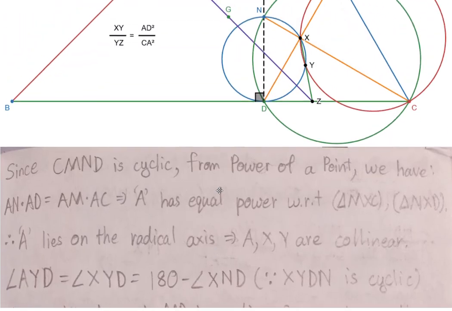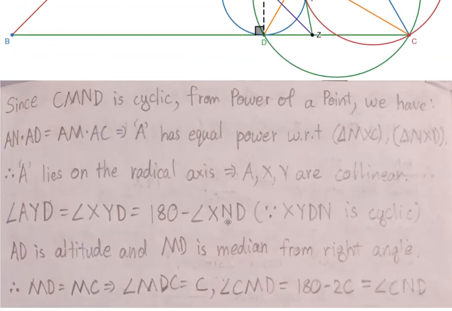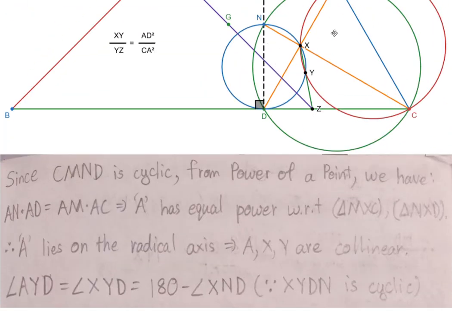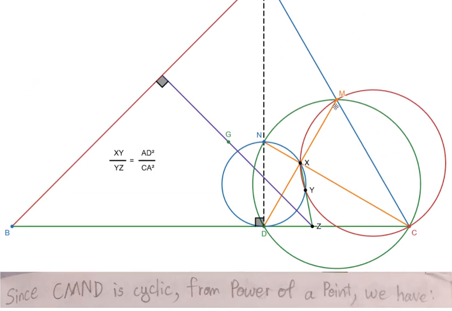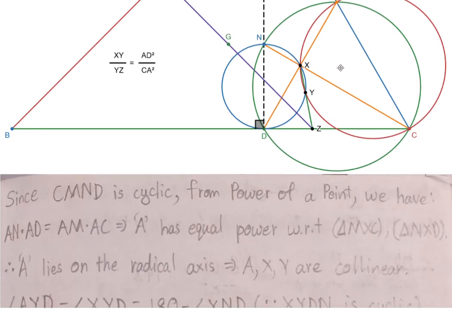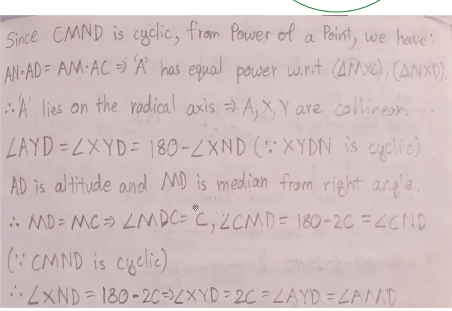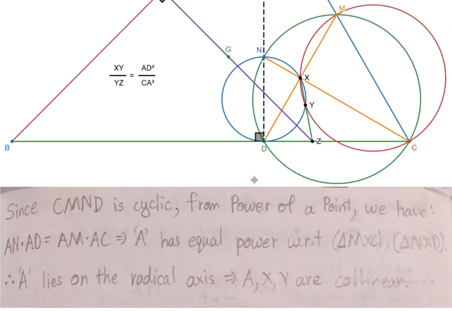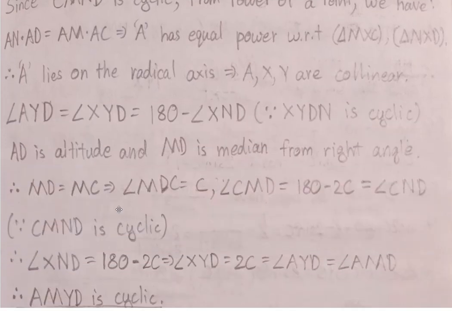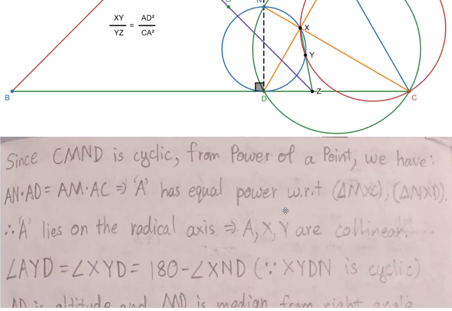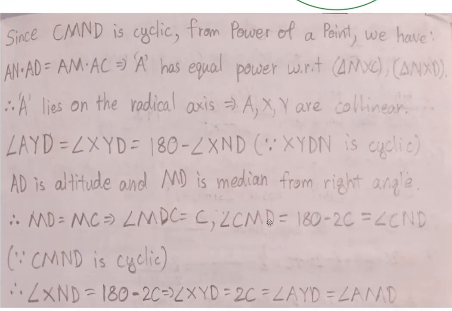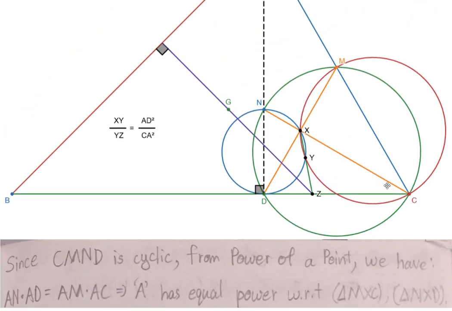And then this is 180 minus XND because this is a cyclic quadrilateral. And then AD is the altitude and MD is the median. Because for a right angle triangle, the median will be equal to half the hypotenuse. So that means MD is equal to MC. And then we have these angles, and we just solve for CND and CMD.